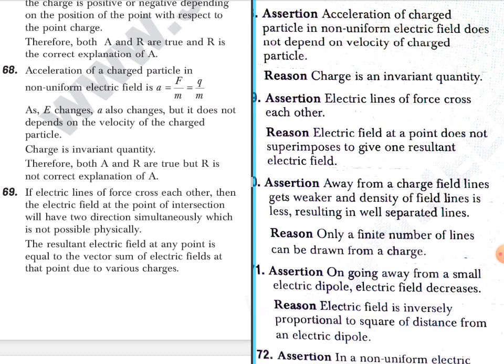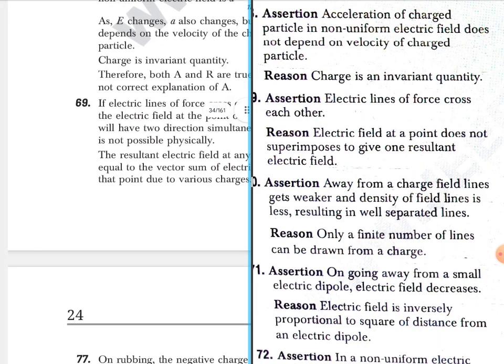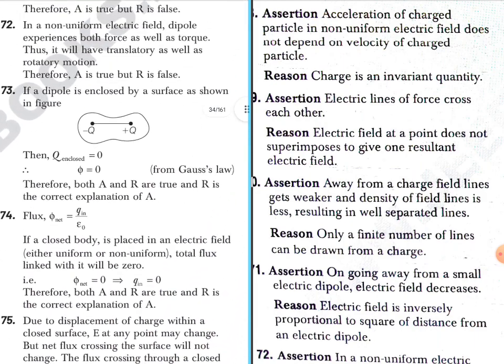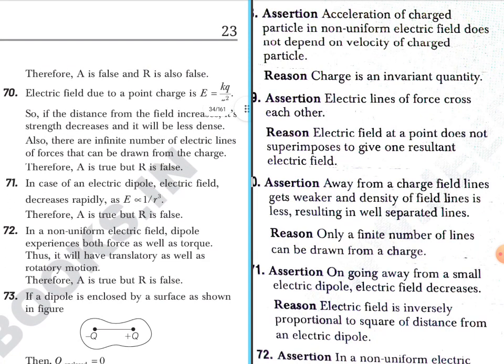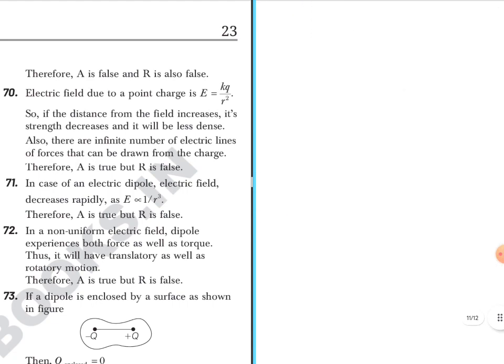The field at any point is equal to the vector sum of the electric fields at that point due to the various charges that exist. Yes, it does superimpose. So can I say that the 69th reason is false? Yes, R is false. A is also false.